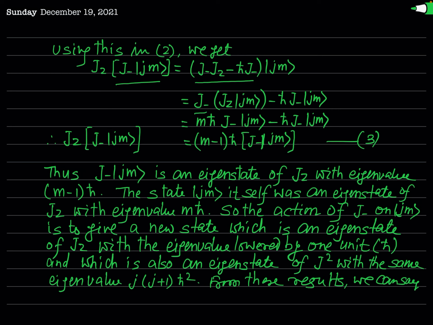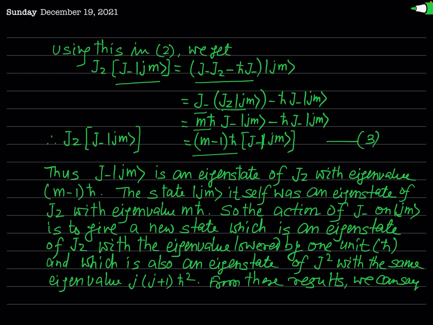So this will be J₋ Jz|k,j,m⟩ − ħJ₋|k,j,m⟩. But Jz|k,j,m⟩ is mħ|k,j,m⟩. mħ is a constant factor, so it is outside of the operator, and this can be written as mħJ₋|k,j,m⟩ − ħJ₋|k,j,m⟩. When we combine these two terms on the right-hand side, the result will be (m−1)ħ times J₋|k,j,m⟩.